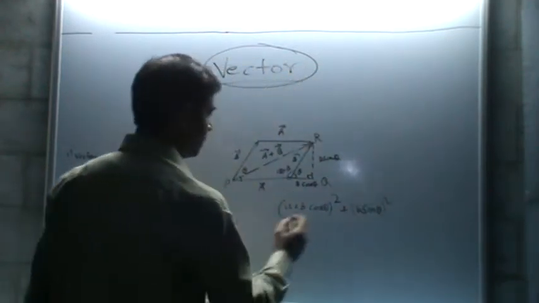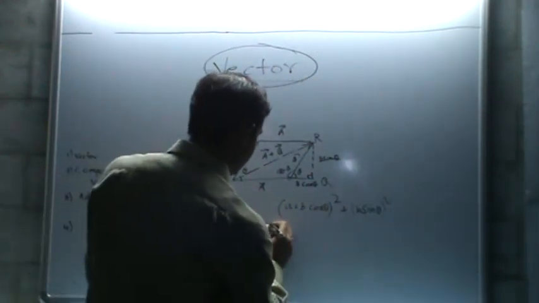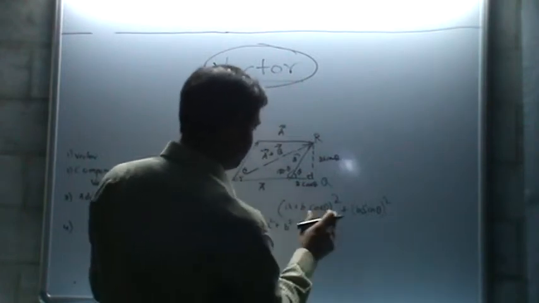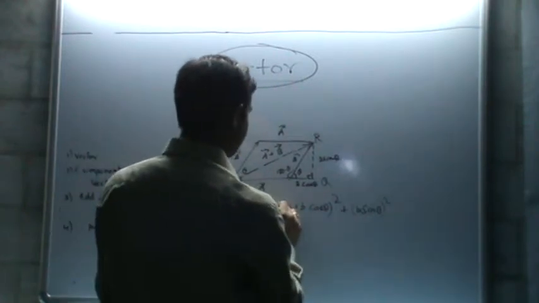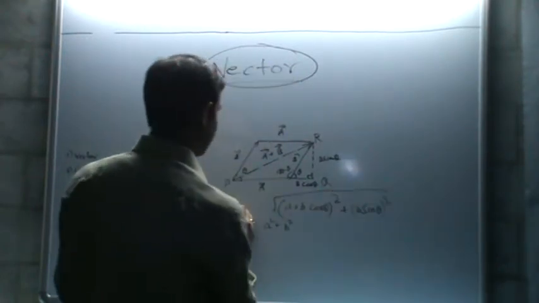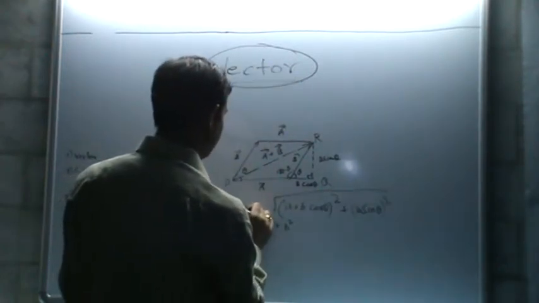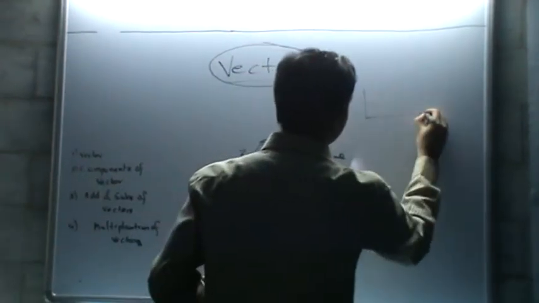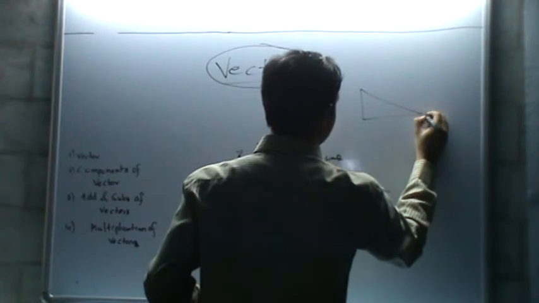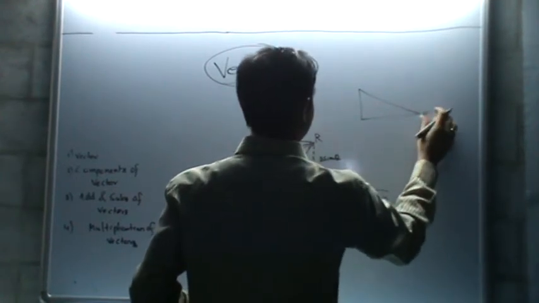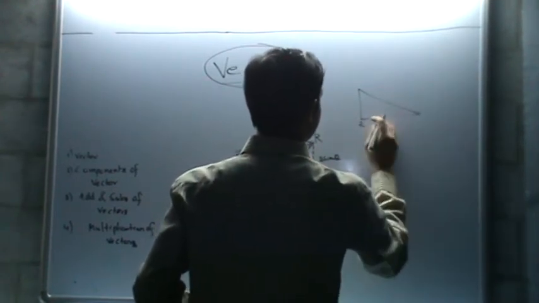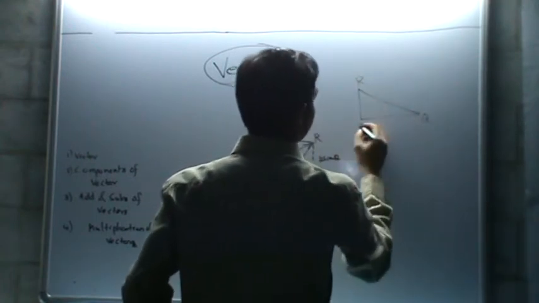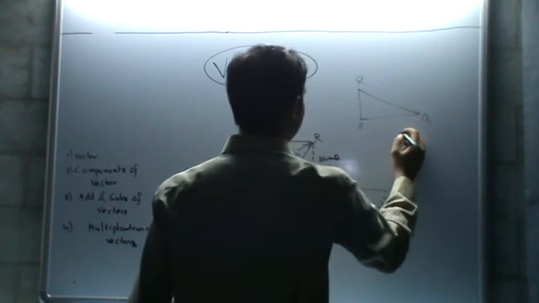Okay. Now let's see what happens. What we get? A square plus B square. Isn't it a right angle triangle, with P, Q and R?